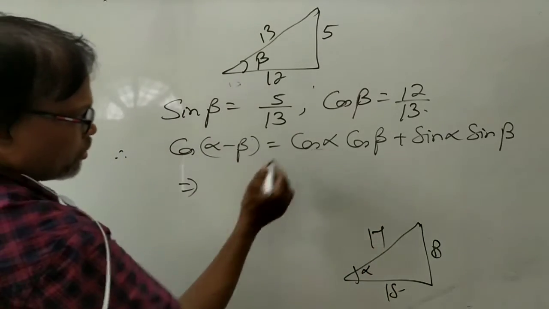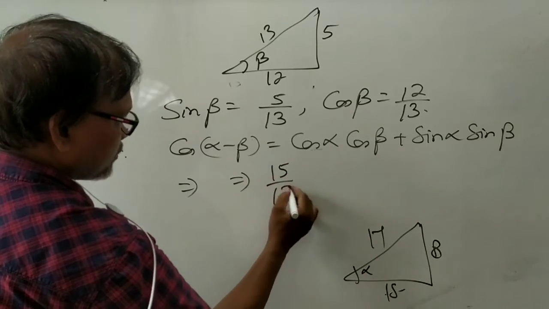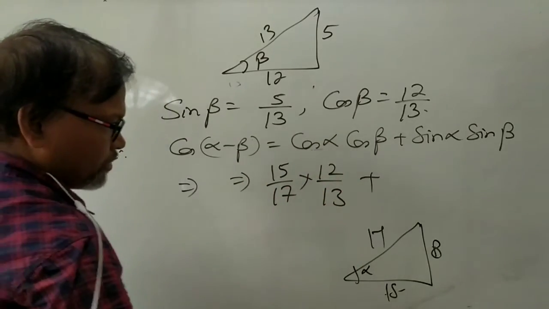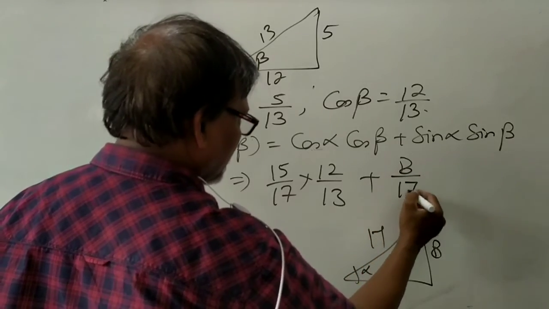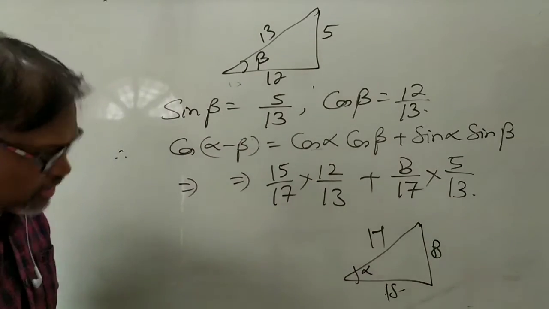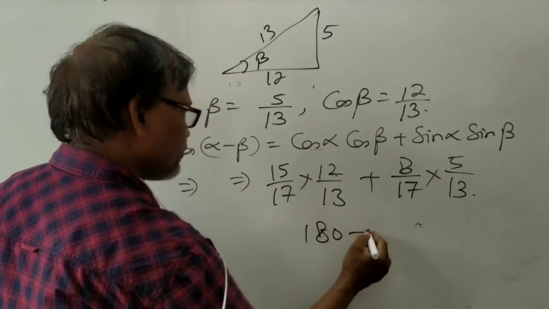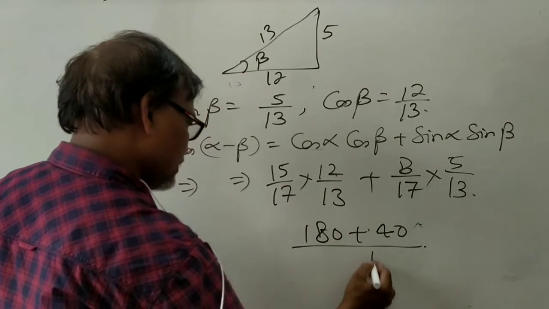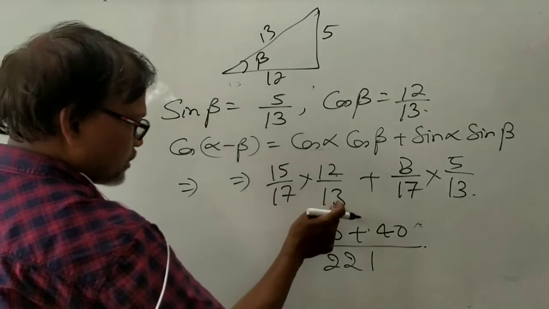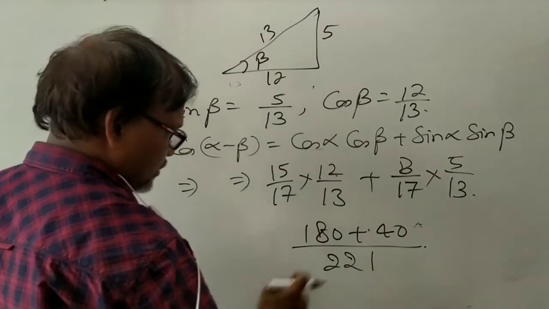Now putting the values, cos alpha means 15/17, cos beta means 12/13, sin alpha means 8/17, sin beta means 5/13, and then multiply or simplify and you will get the answer, 180 plus 40 whole upon 221. 13 sevens are 91, 13 ones are 13, and 13 plus 9 is 221.